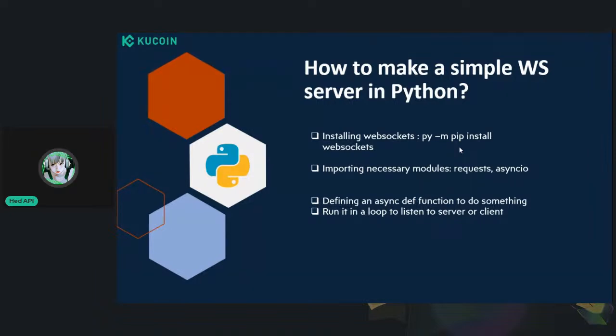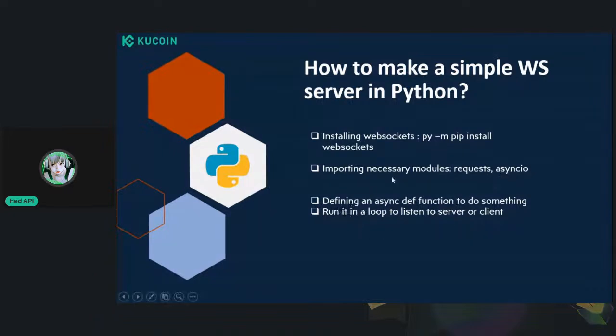After you install this module, the WebSocket library, you can have access to the WebSocket services in Python. Some other modules are also necessary. The first one is requests, and the second one is asyncio, which is the module that helps you implement asynchronous programming in Python.